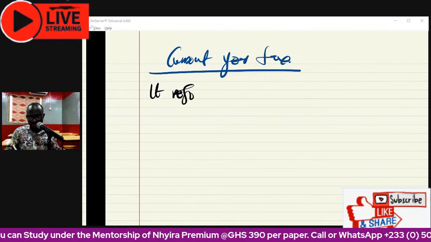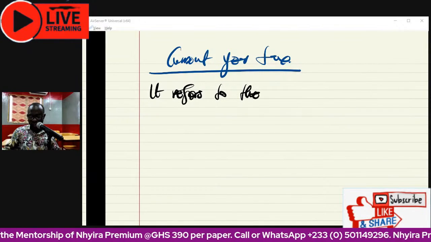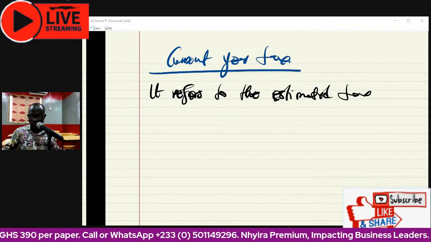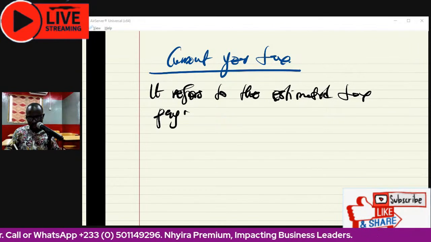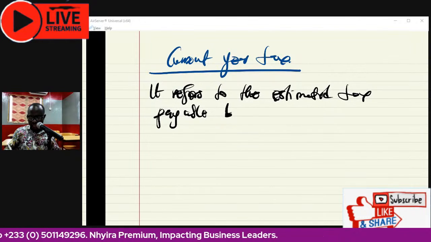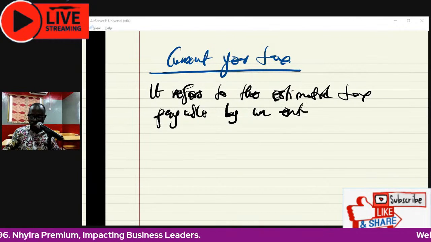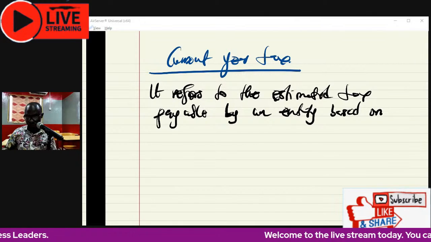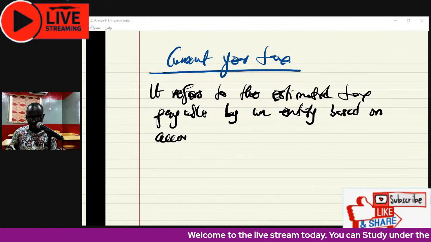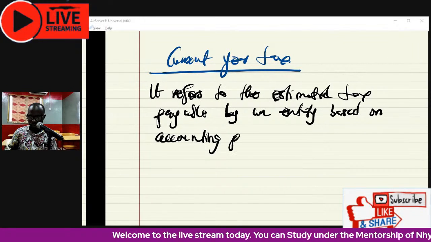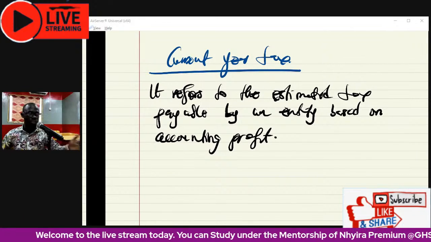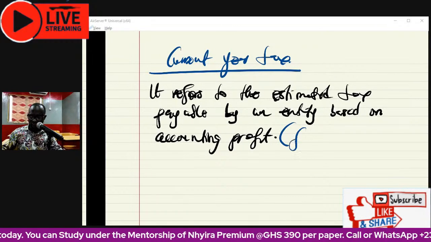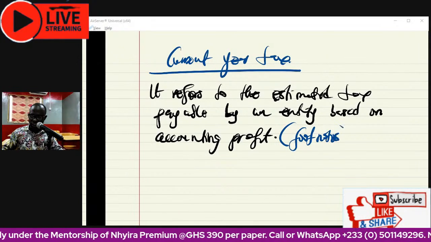Okay, so it refers to the estimated tax payable by an entity based on accounting profit. Based on accounting profit. So usually we're going to be finding this in the footnotes to the financial statements.